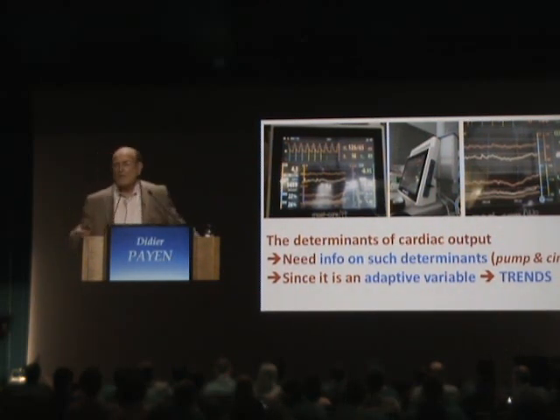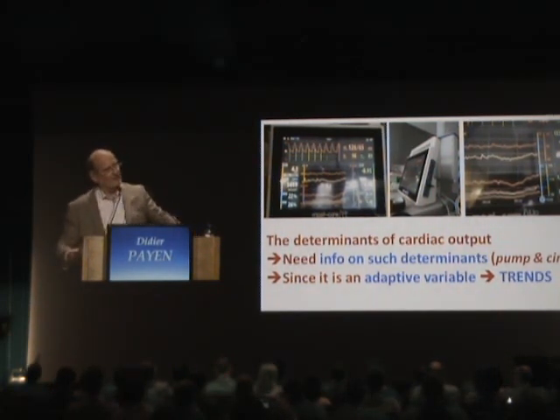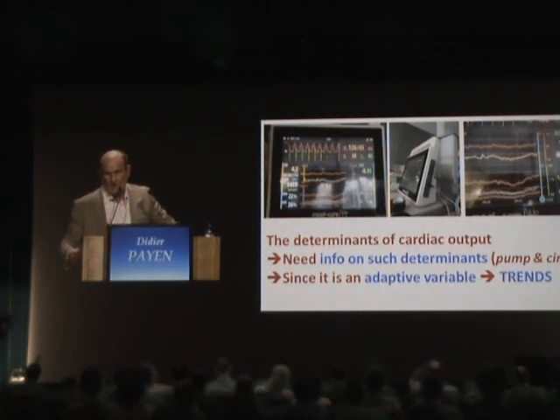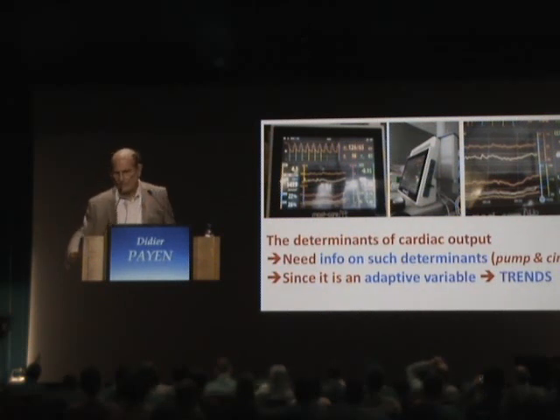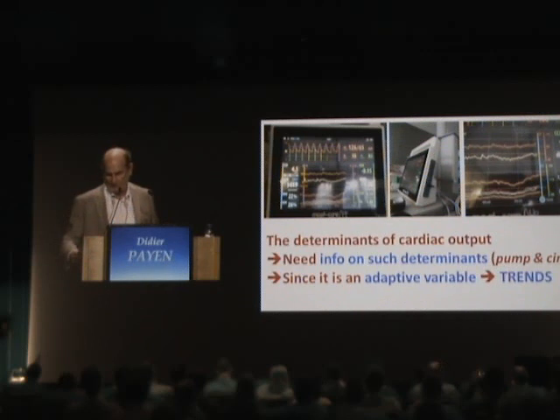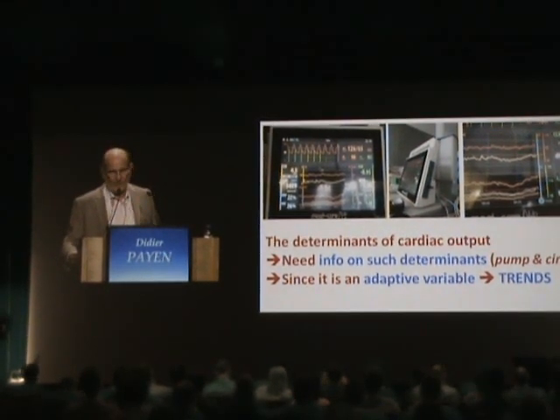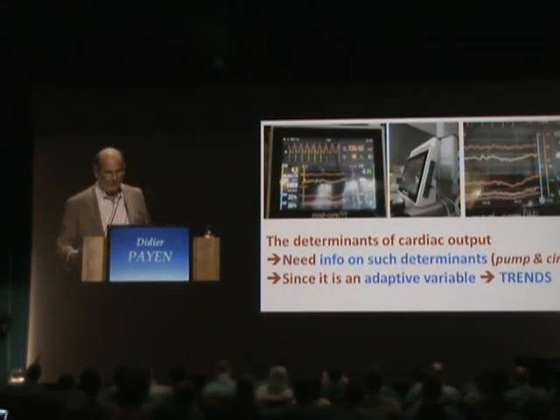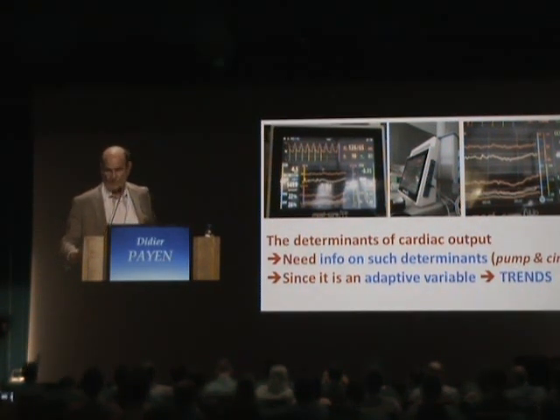Okay. If we are looking for the determinants of the cardiac output, that means that probably we think that these determinants might be potential targets for our strategy to be manipulated and then to get a chance to improve the flow for peripheral tissue, for anything else.